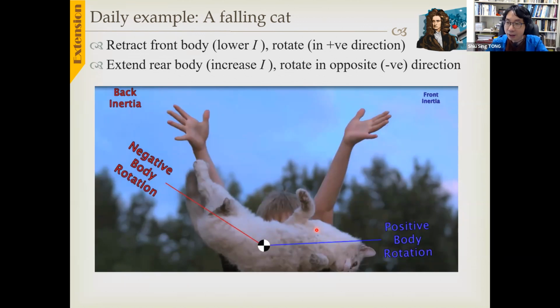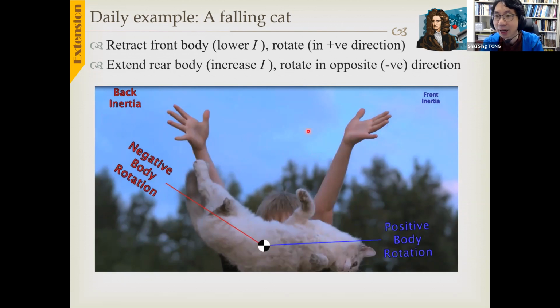If he lands not with the 4 legs facing the ground, then he may have a high chance of getting injured. But somehow he can turn his body such that when he lands, he has 4 legs facing the ground. That is a kind of trick played by the cat in rotating his body.